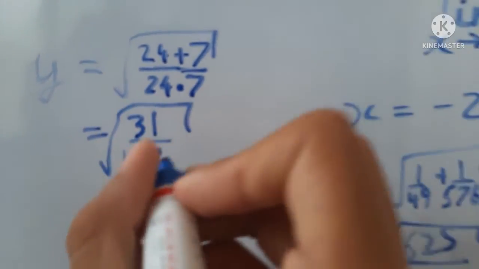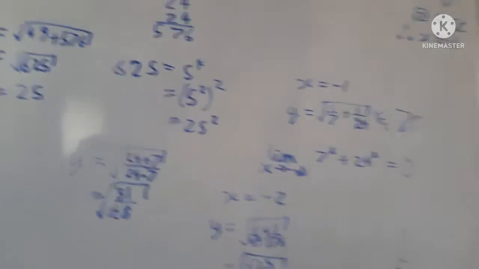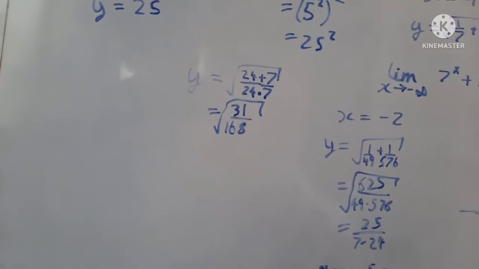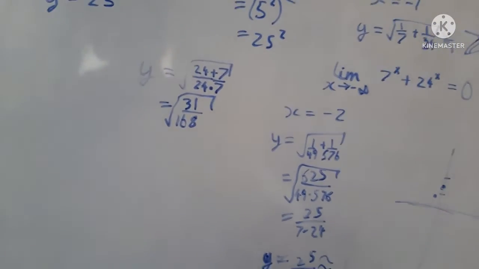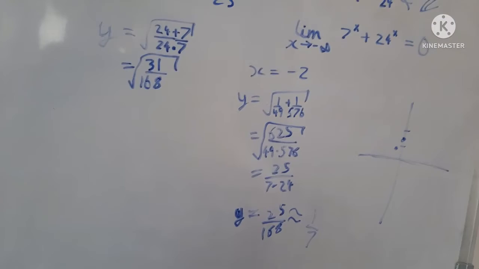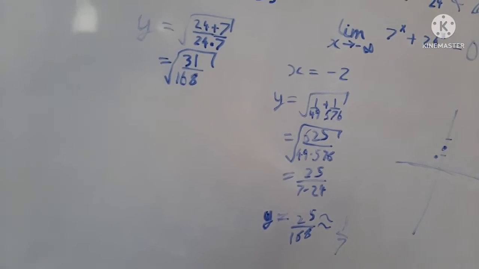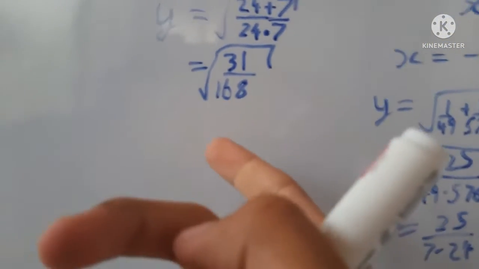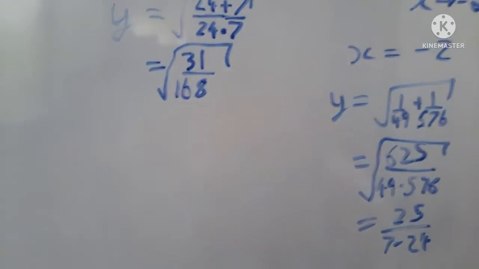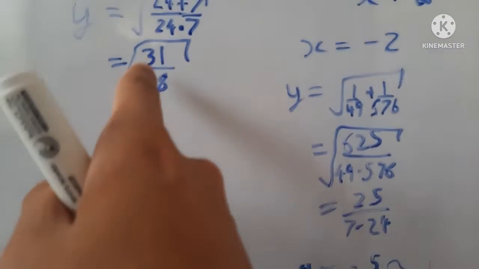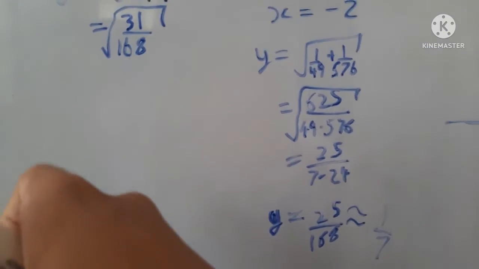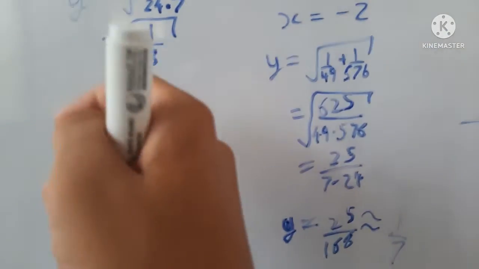I don't know per se if 168 is a perfect square. Let's see, 31 times 5 is 155, so it's a little less than 5.